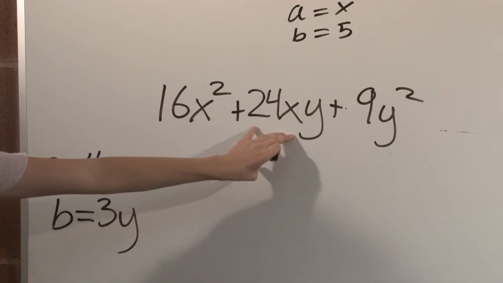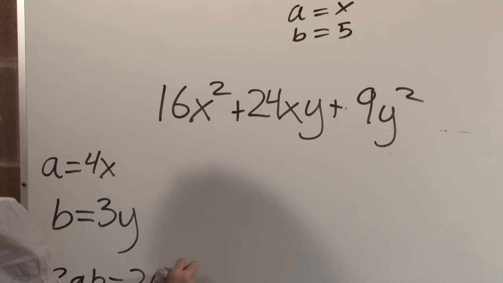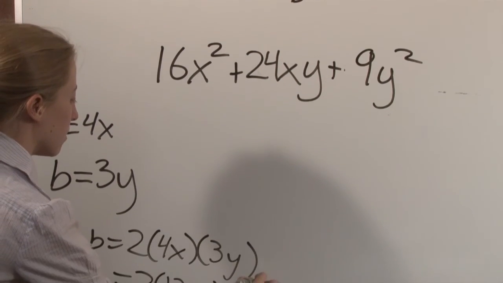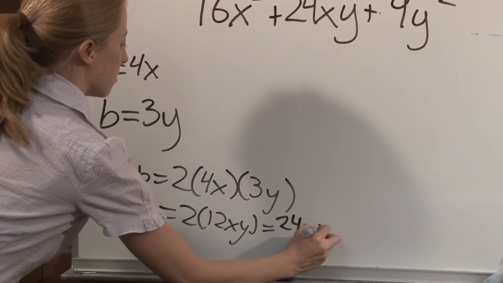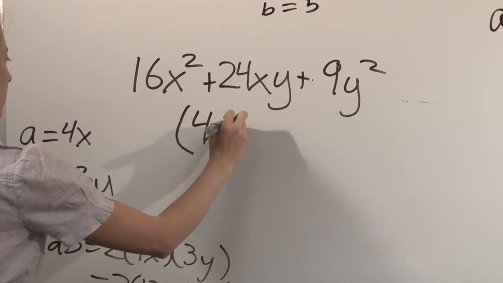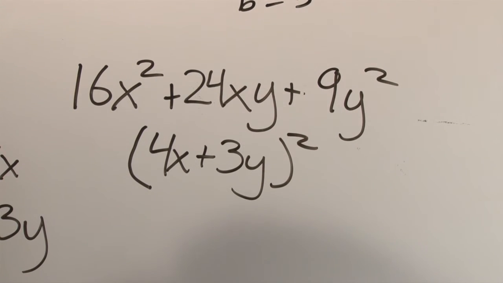So now I'm going to check and see if 24xy is equal to 2ab. So 2ab would be 2 times 4x times 3y. This is 2 times 12xy, which equals 24xy. So I'm going to do a, which is 4x plus b, quantity squared. So that is how you would factor a perfect square trinomial.